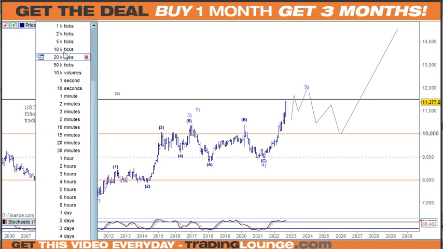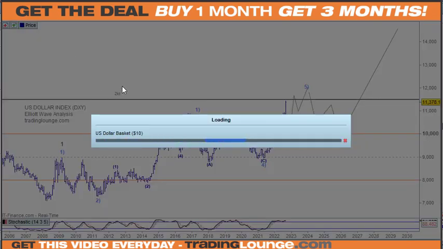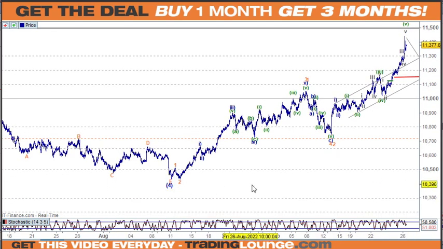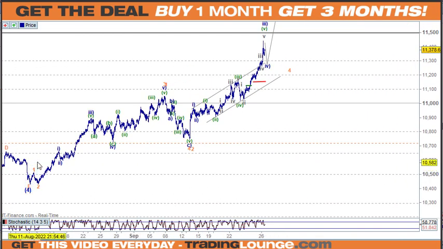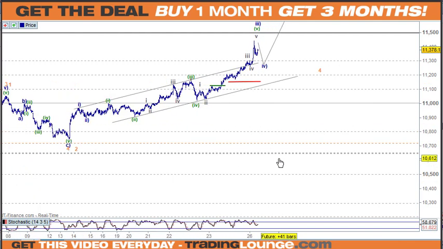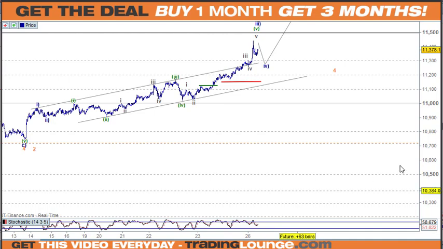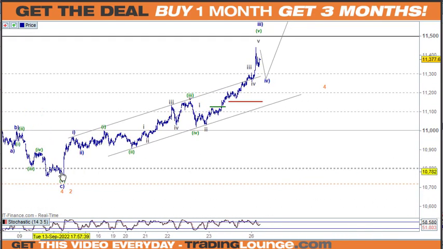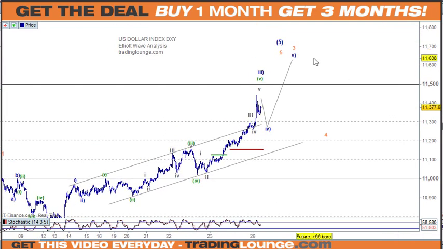So on the 2K tick here, I think we are, just in this top here, conservatively, if I look at this as wave 4, I can look at this as wave 1 and 2 and 3 and 4 here, and then go up for wave 5.